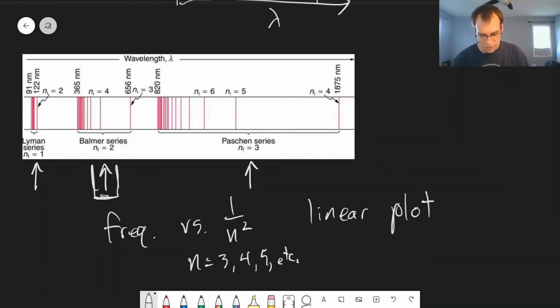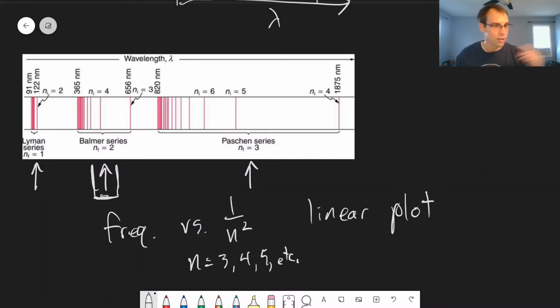Again, integers show up. The fact that these integers are showing up is a clue that there's something quantum going on here. Only specific integers are allowed.